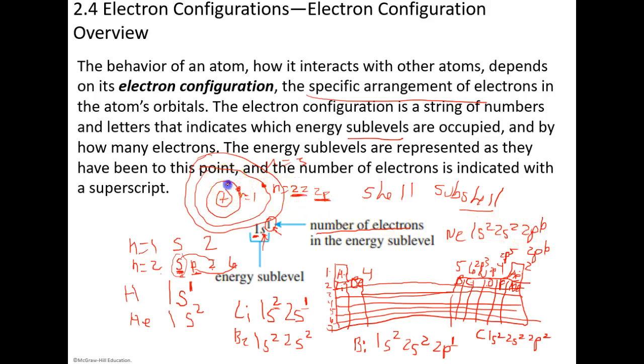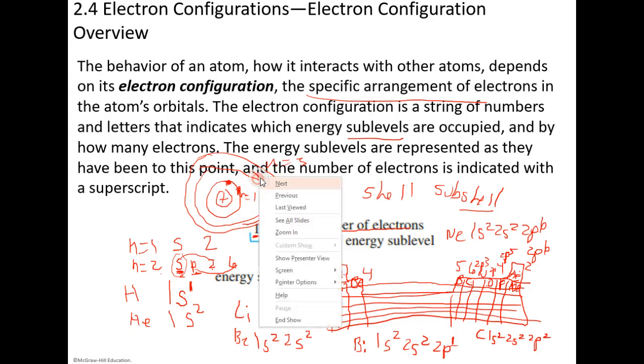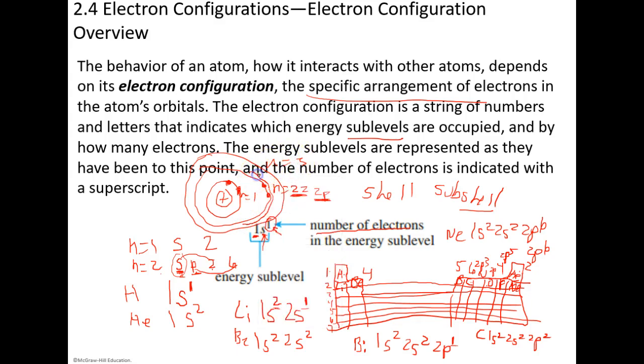So I have 2 in the n equal to 1, 2 in the 2s. The 2p, you can kind of think of it as a subshell just a little bit higher than the 2s, if you want to think of it like that. And then I can hold a total of 6 in there: 1, 2, 3, 4, 5, 6.